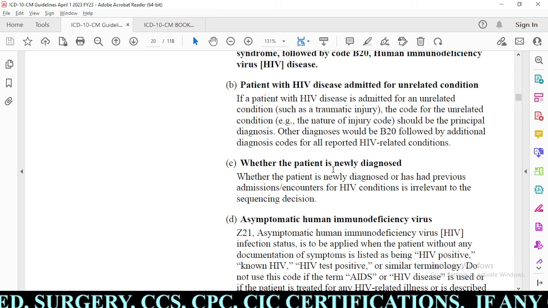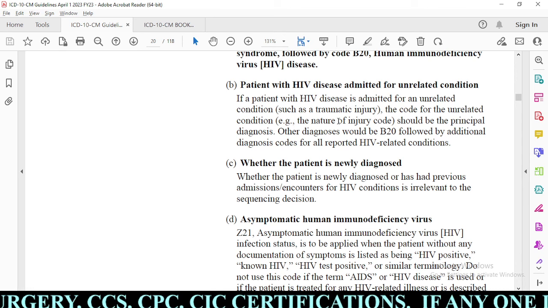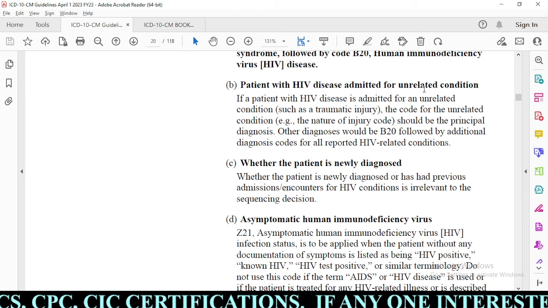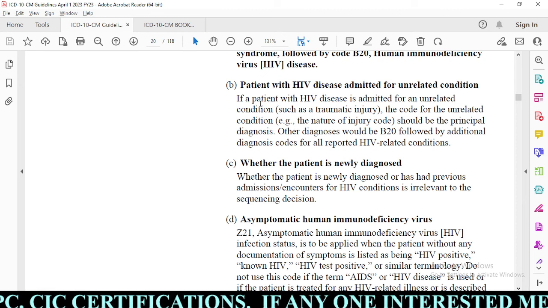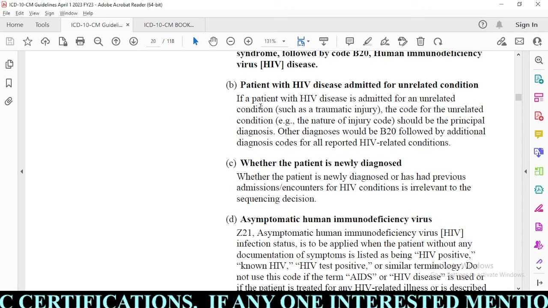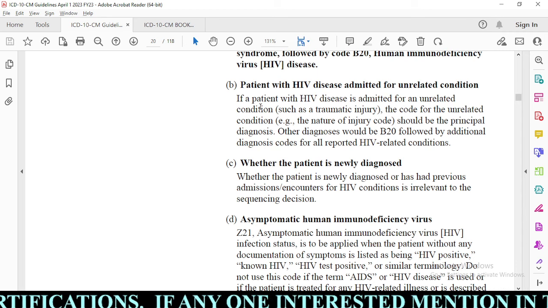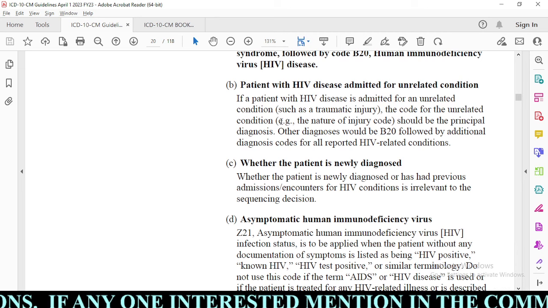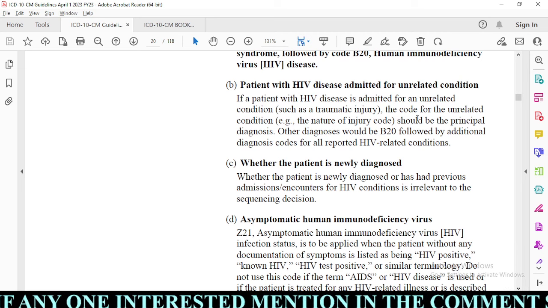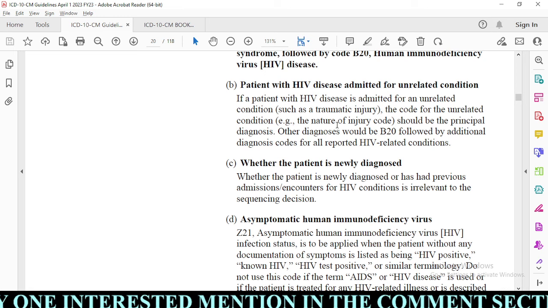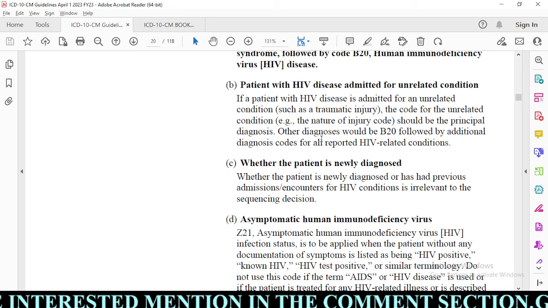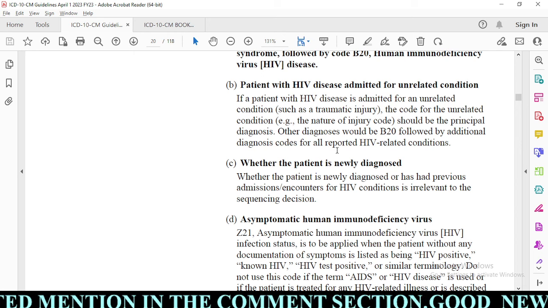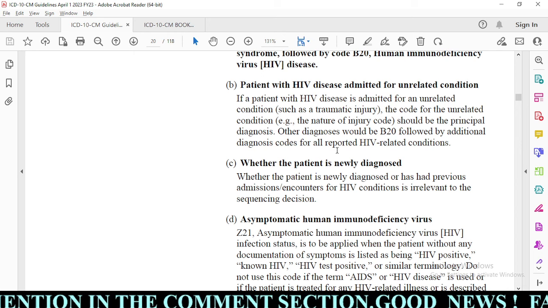So based on our ICD-10 CM guidelines, if you check here, patient with HIV disease admitted for unrelated condition. So here our patient is having fracture and symptomatic HIV. So if a patient with HIV disease is admitted for an unrelated condition such as traumatic injury, the code for the unrelated condition, the nature of injury, should be the principal diagnosis. Other diagnosis would be B20 followed by additional diagnosis codes for all reported HIV related conditions.